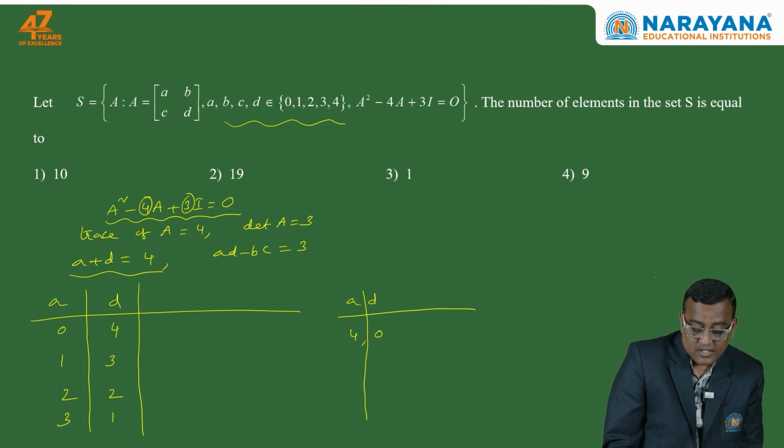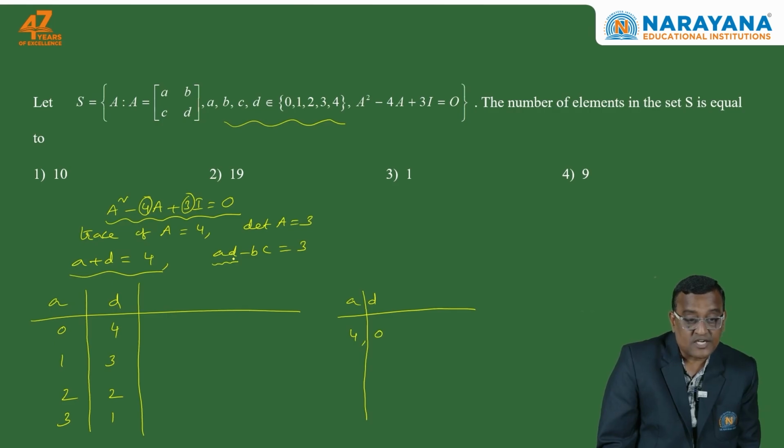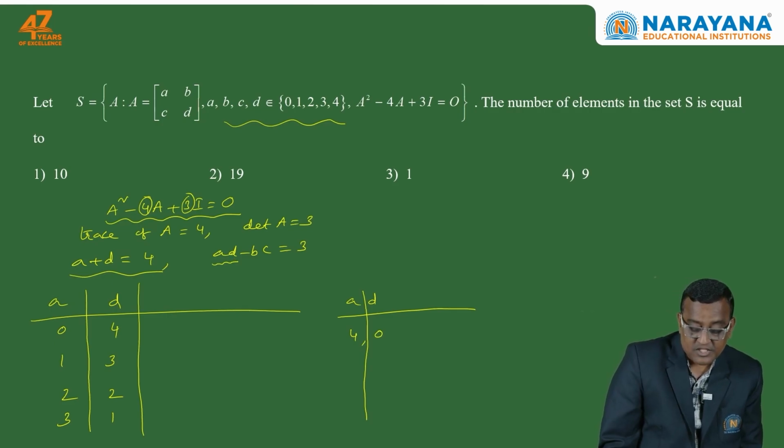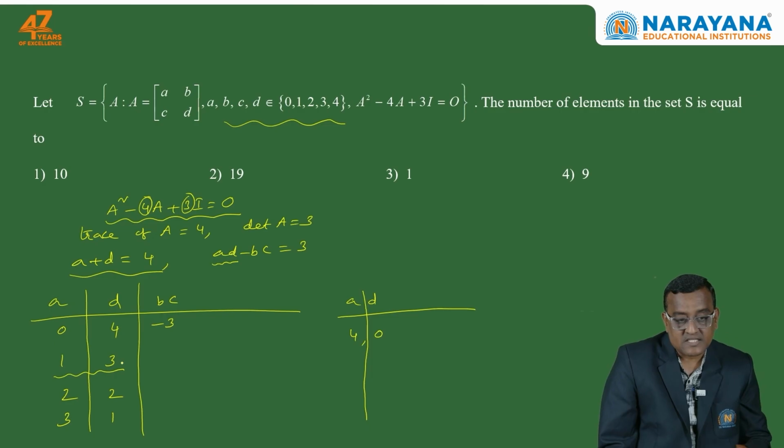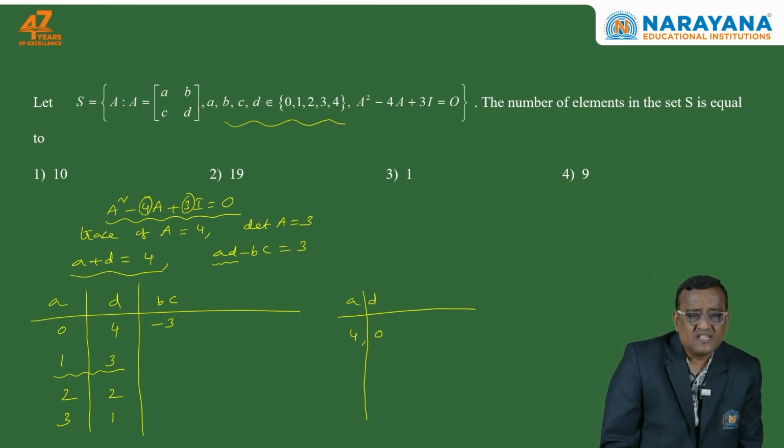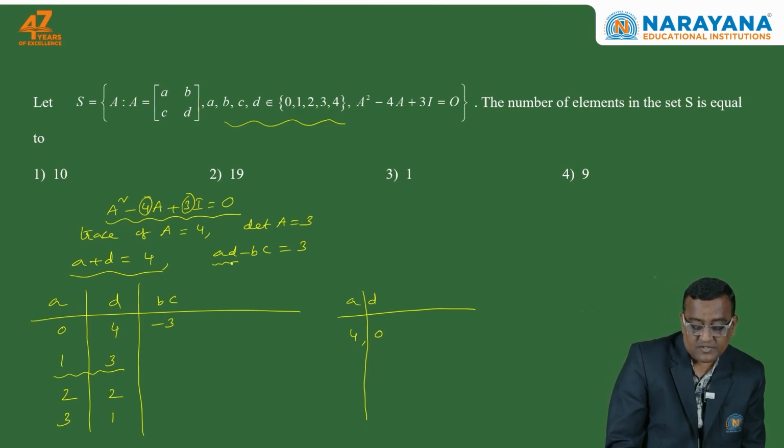Now, if a plus d is 4, taking a as 0 and d as 4, ad becomes 0. So from that we get the bc product, that is minus 3. Similarly, if you take the second set as ad, then the product ad becomes 3, bc is 0.